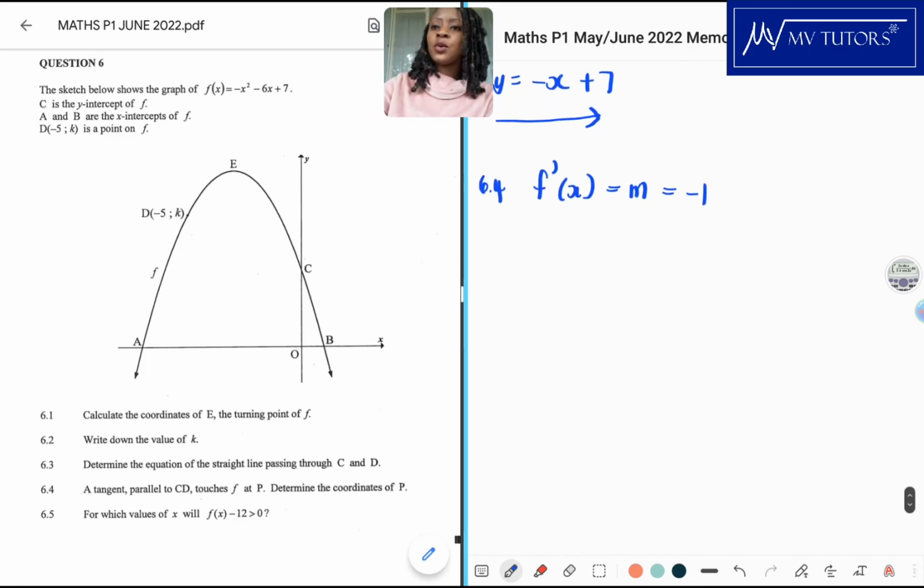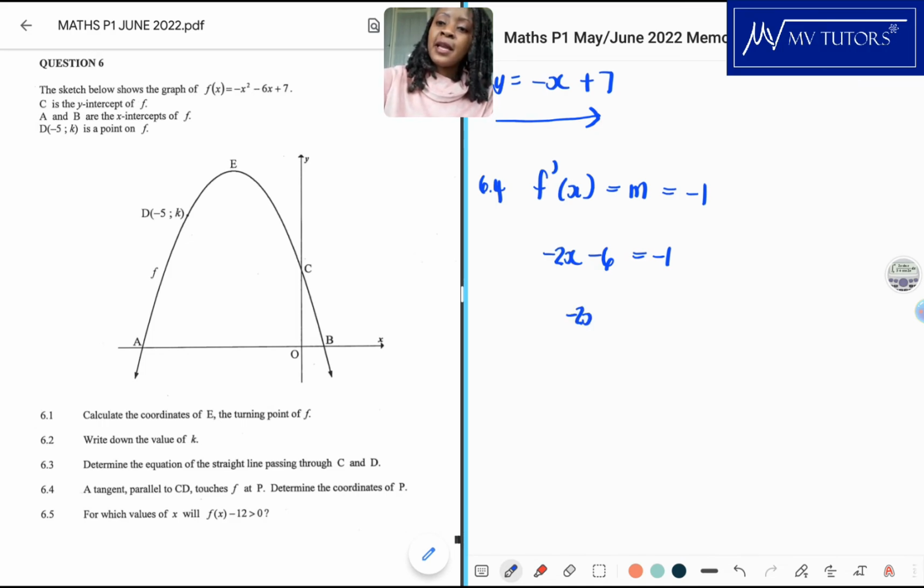We already differentiated before, so we can just say it's -2x minus 6, but instead of 0, we say equal to -1, and then we solve for x, and that's the x coordinate of P. After that, we take the x value, substitute it back into the original equation, and we get the y value of P.